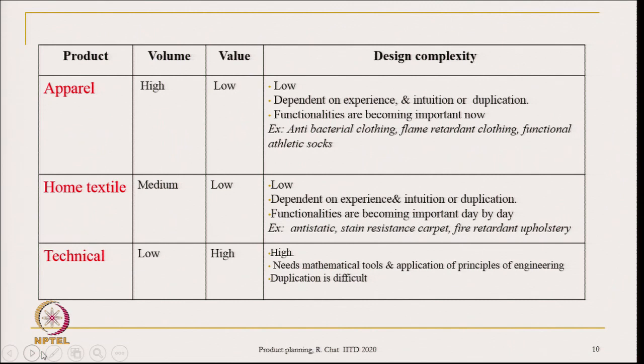This is where, designing wise, they are very complex. We need to use mathematical tools and we have to use the various principles of engineering here to make very efficient technical textile products, and here duplication is difficult, they are not easy to copy.